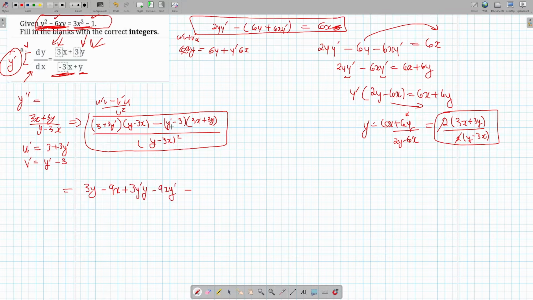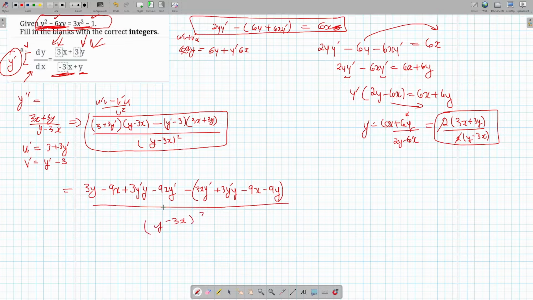Minus y prime minus 3x plus 3y becomes minus y prime times 3x, so 3xy prime, plus 3y y prime, minus 9x minus 9y. Alright, all over y minus 3x squared.